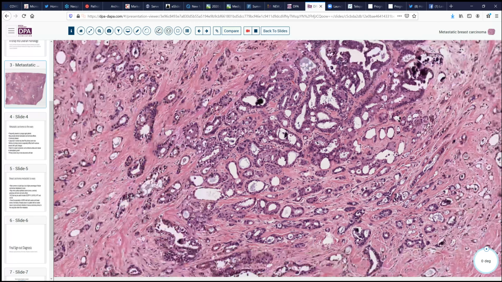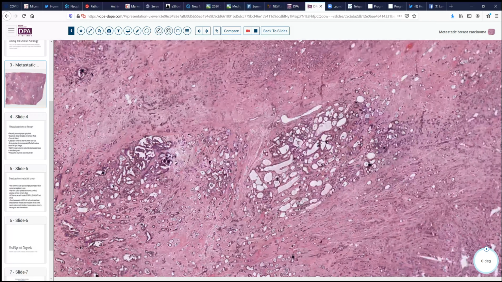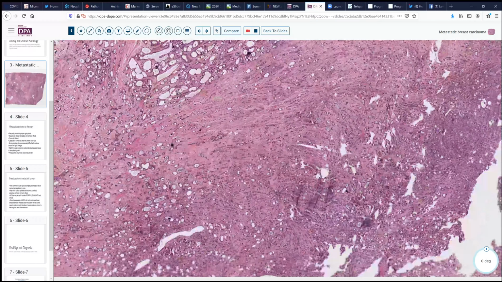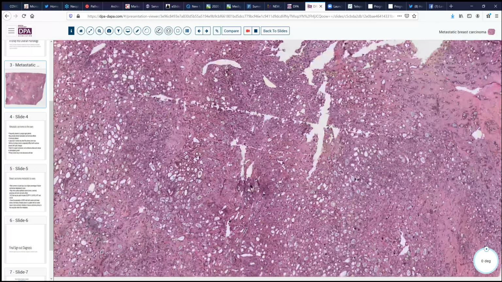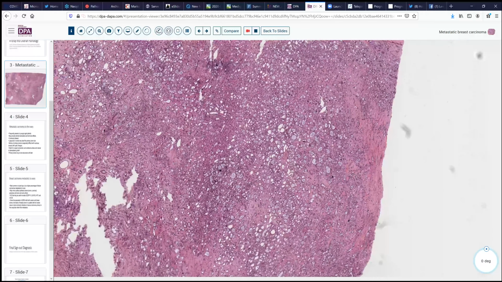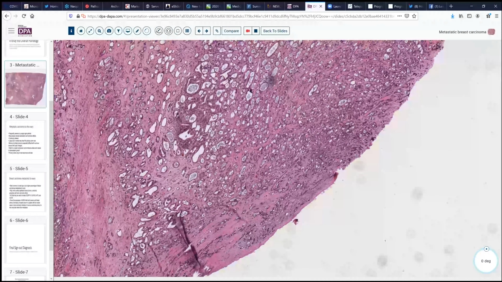So going back to a little lower power, we'll just see if there are any other areas of note here. Pretty uniform, diffuse involvement with some sclerosis here. As we look towards the surface over here, we can see that indeed the surface looks to be involved, or at least the immediate subsurface area.